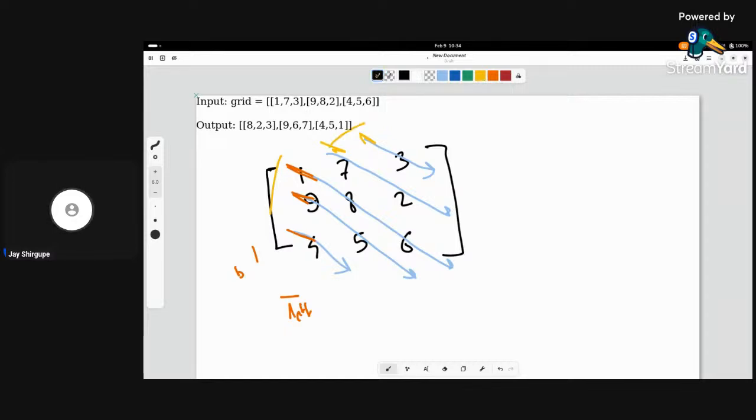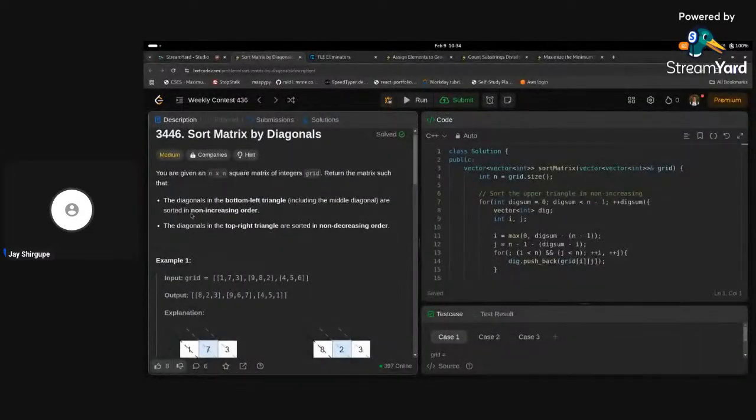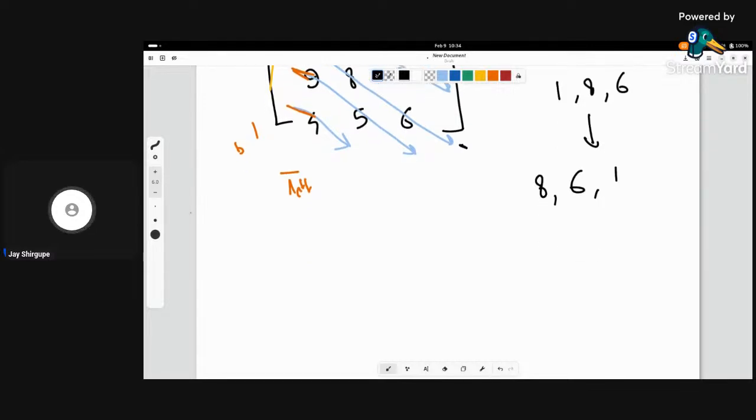So let's look at this diagonal. This is 1, 8, 6. What happens if you sort it in non-increasing order, basically descending order? First take the largest element 8, then 6, then 1.